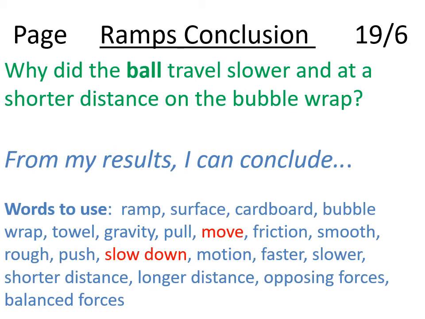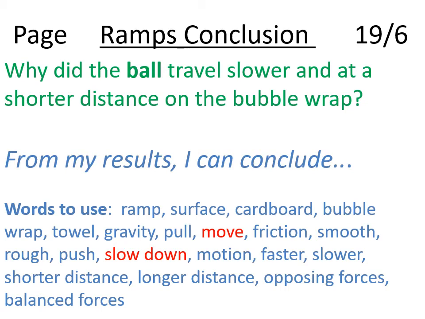So when we did our conclusion, and answered the question, why did the ball travel slower and at a shorter distance on the bubble wrap, we used all of these important words in our conclusion, including ramp, surface, cardboard, bubble wrap, towel, gravity, pull, move, friction, smooth, rough, push, slow down, motion, faster, slower, shorter distance, longer distance, opposing forces, and balanced forces.